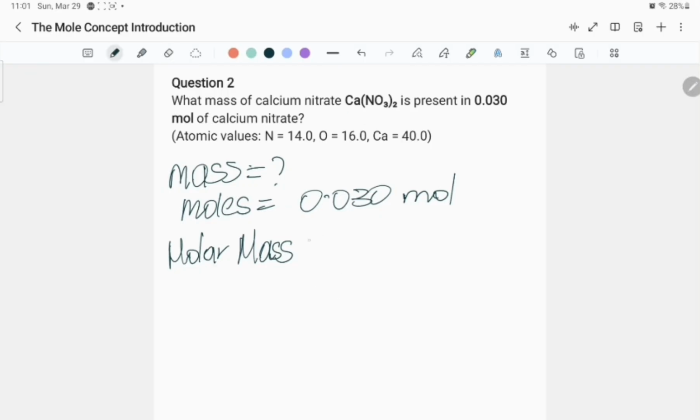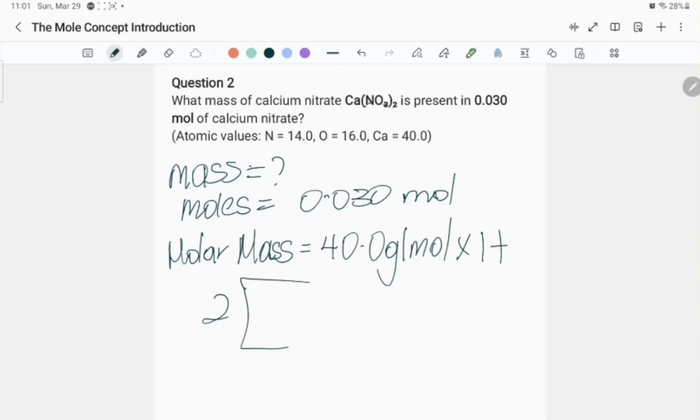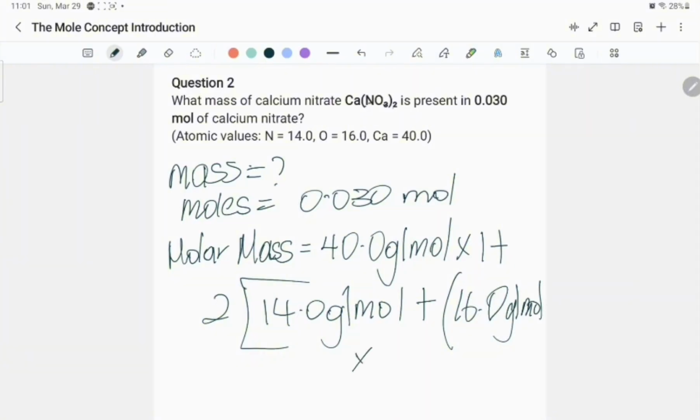Let's deal with calcium first. Calcium is 40 grams per mole times 1, plus, since we have both nitrogen and oxygen in brackets and both of them need to be multiplied by 2, we'll have 2 outside the brackets of nitrogen, which is 14.0 grams per mole, plus oxygen, which is 16.0 grams per mole, times 3.